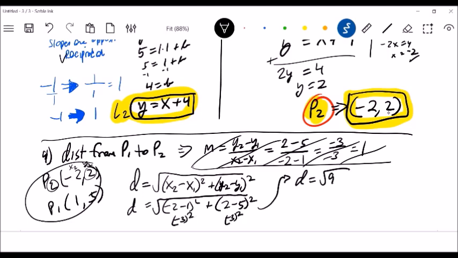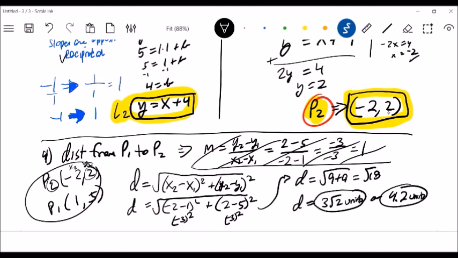This is negative 3 squared, which is another positive 9. That's the square root of 18. So the distance equals 3 root 2 units, or 4.2 units. And those would be the answers for exact or approximate.